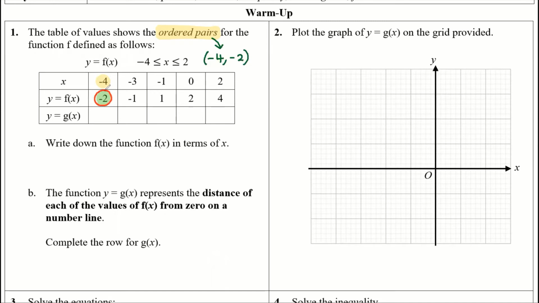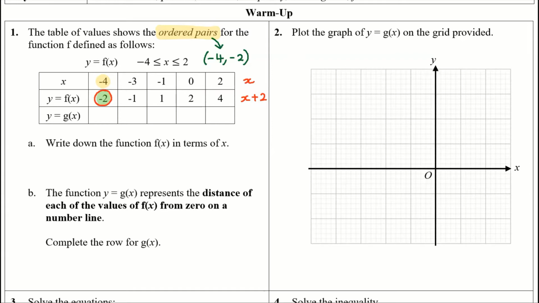So if you put in an input x, whatever it is, your output is just going to be x plus 2. You can check that all the way down from the first row to the second row. So -3 plus 2 is, of course, -1, and so on. That appears to be our function.